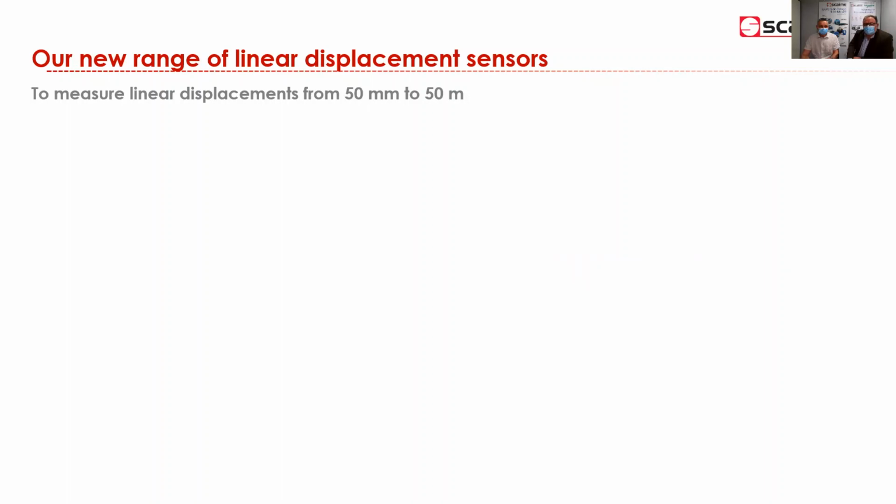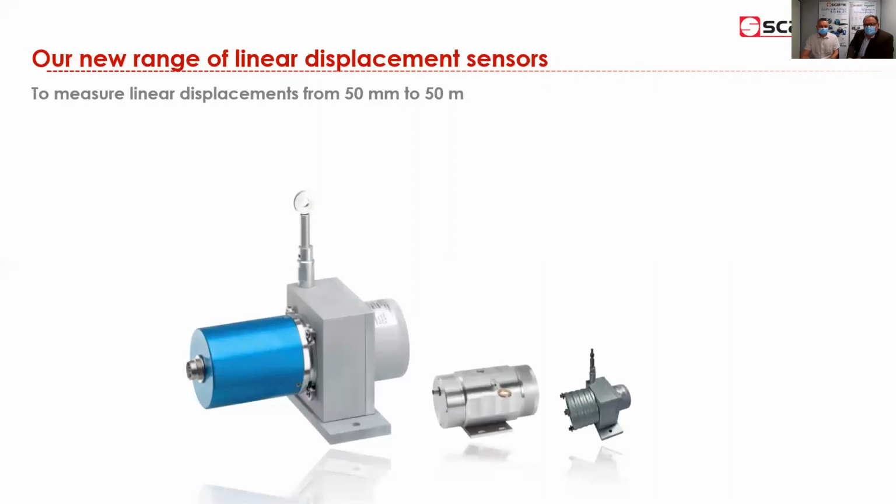This line of displacement sensors gives the possibility to measure from 0 to 50 millimeters up to 0 to 50 meters, which is quite a wide range. Depending on the lengths we have to measure, of course, the housing and the dimensions of the products are different. And we will go through that during this presentation.